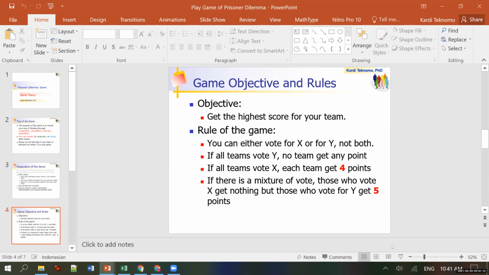If all teams vote for X, each team will get 4 points. If there's a mixture of votes, those who vote for X will get nothing, but those who vote for Y will get 5 points. Clear? Simple game, right? Very simple. You remember the score? You can write it down in your paper. Wait, can I use Excel? Yeah, you can use Excel, of course.